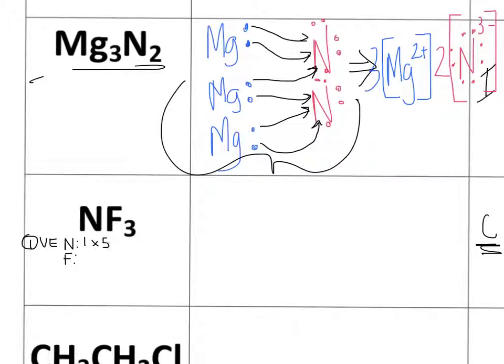There's 1 of them, so it's 5. There are 3 fluorines, and each of them has 7, and that's because they are in family 7. Then you add that up, and there are 26 total valence electrons.